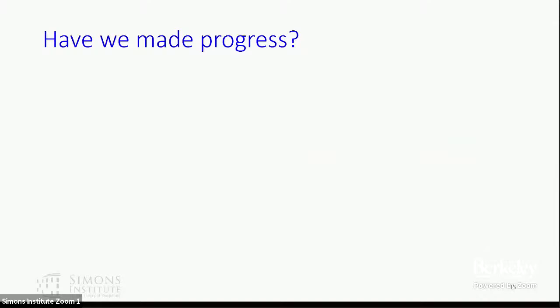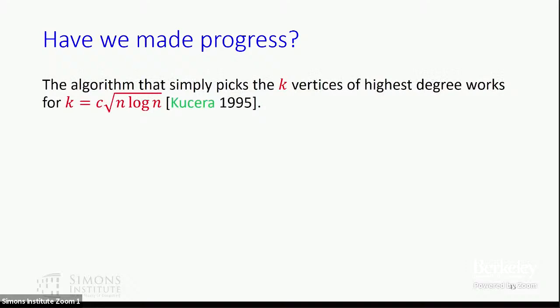So have we made progress here? We use some sophisticated algorithms to find the planted clique, but it seems that progress is not very great, because even the simple algorithm of picking the k vertices of highest degree already finds the planted clique when its size is slightly more than square root n times log n.